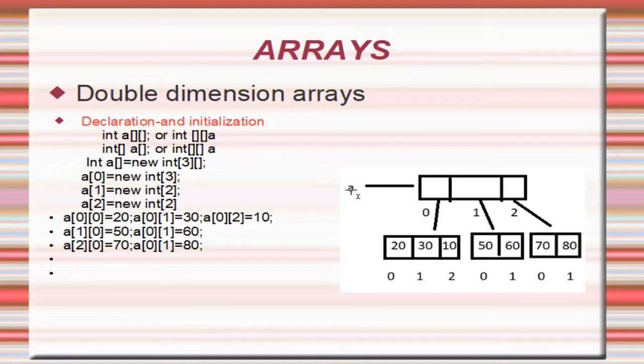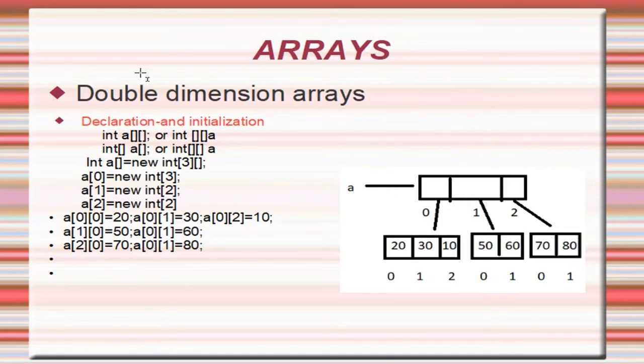So the value a of 0, 0 equal to 20. So I am storing this 20 value in this box, a of 0, 0. And I want to store a value in this box. So a of 0, 1 equal to 30. And for the next, a of 0, 2, 10. Like that I want to store the values in the first array also.